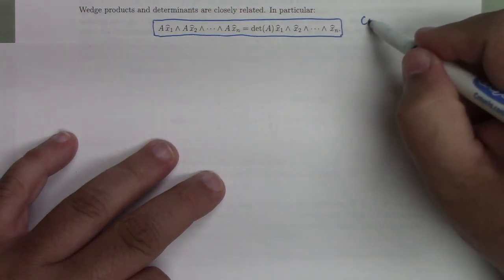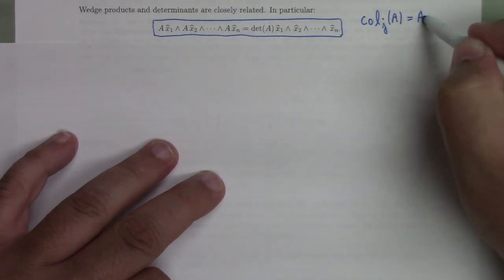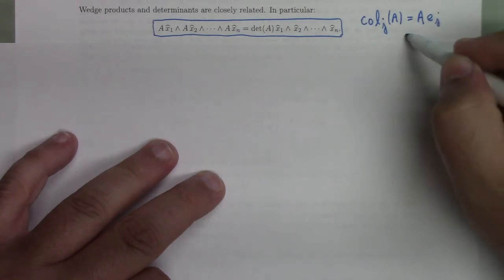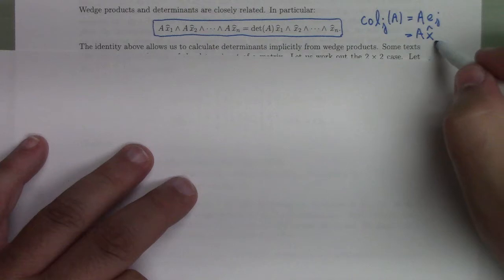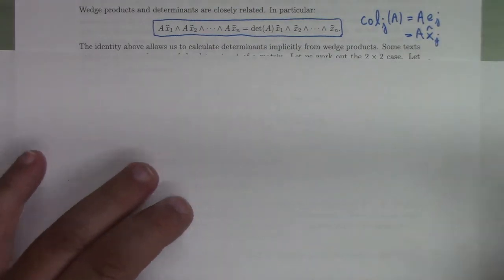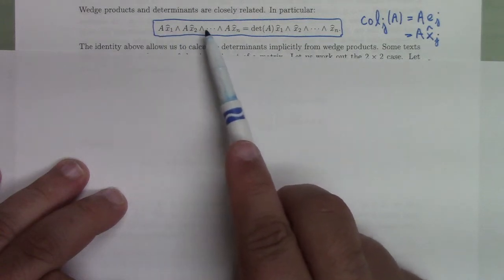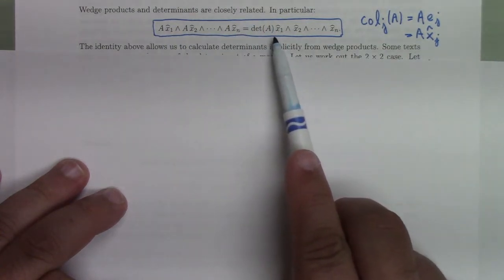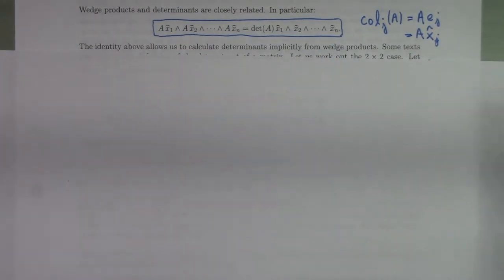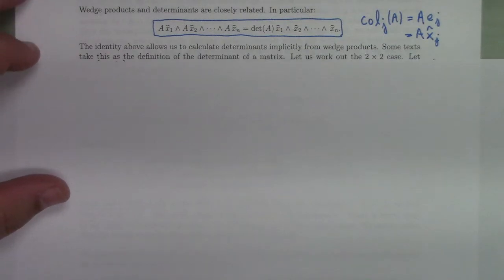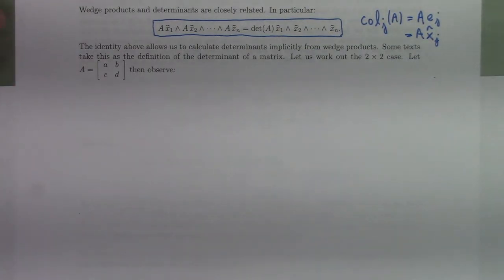Column j of A is A times e_j in linear algebra, but here my notation for e_j is x hat sub j. So that is nothing more than the jth column vector. If we take the wedge product of column 1, column 2, through column n, we get the determinant of A times the wedge product of the basis vectors. That identity allows you to calculate determinants implicitly from wedge products. In fact, some linear algebra texts take that as the definition of determinant.